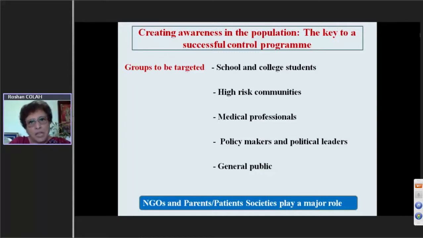We have in India in each state NGO groups who are working on creating awareness and undertaking screening programs, and there are also thalassemia societies comprising patients and parents who are playing a major role in these programs.